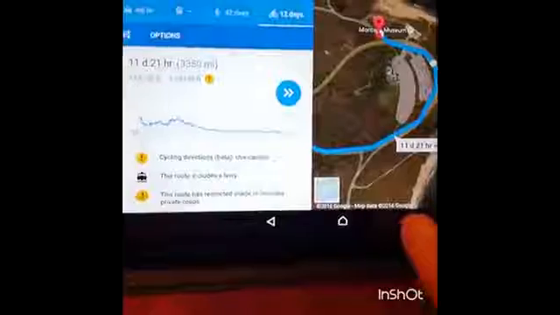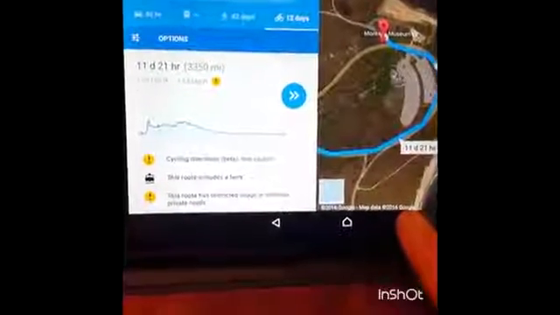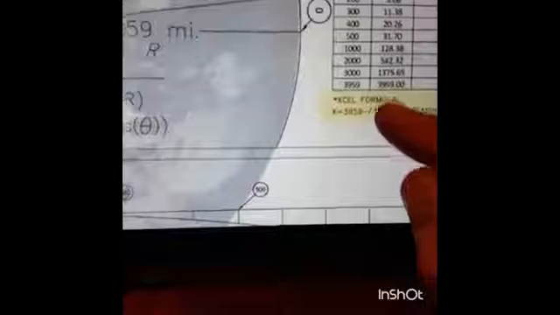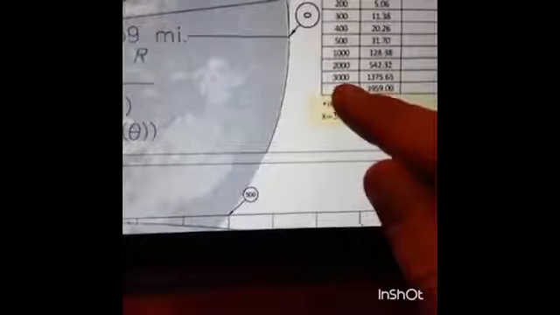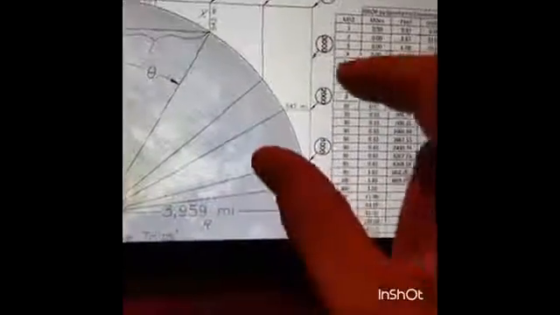The curve chart now tells us what we should have been looking at. Over 1,000 miles of curve. At 3,000 miles, you're looking at 1,375 miles of curve or drop. And what was it? 4 feet difference. 4 feet difference. It's flat. It's flat.